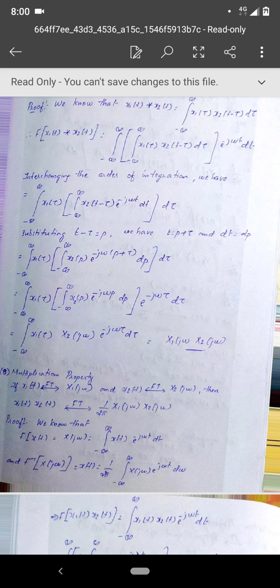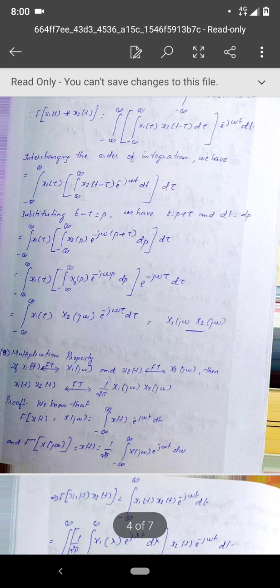So replacing everything inside the square bracket in terms of the dummy variable, that is the integration from minus infinity to infinity of x2 of p e raised to minus j omega, then instead of t, we replace it as p plus tau, dp. We can split that exponential into two, e raised to minus j omega p and e raised to minus j omega tau.